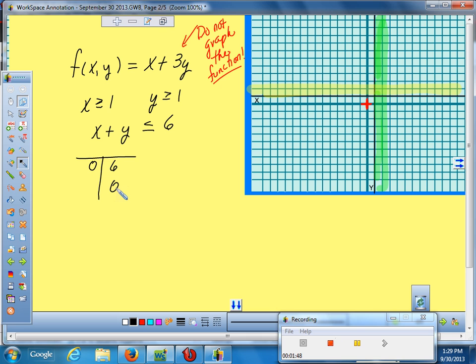I put 6 in for y, x is going to be 6. So you know you're plotting 0, 6, and 6, 0. But count these from the old origin. 1, 2, 3, 4, 5, 6. And 1, 2, 3, 4, 5, 6. Then connect the dots.